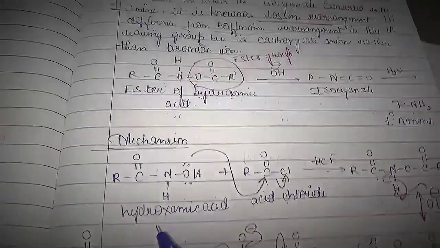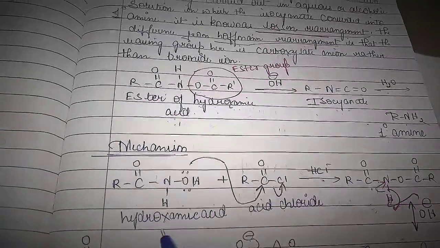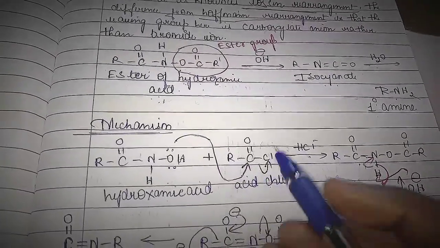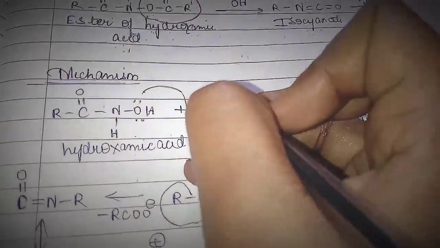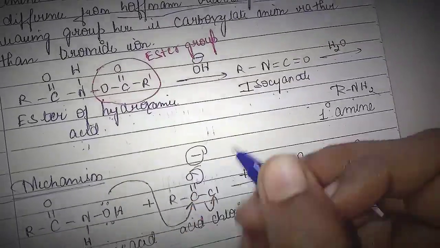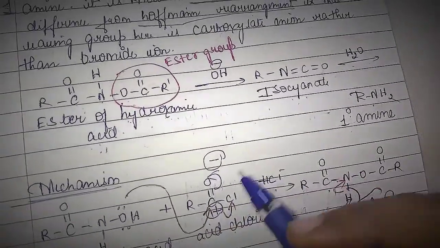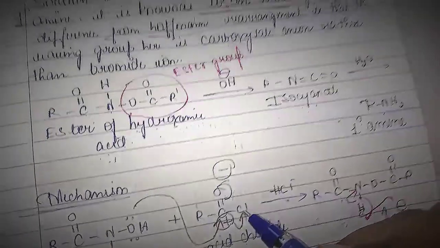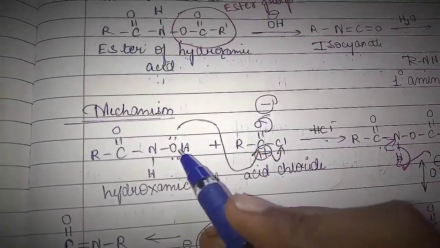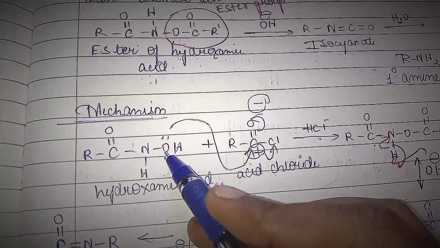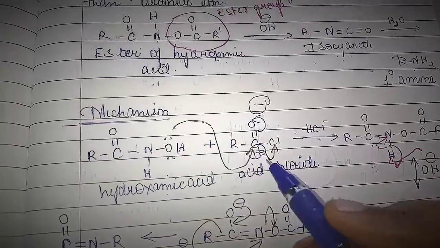First, let us take the reagent. First, we are treating hydroxamic acid with the acid chloride, where this becomes minus, this becomes plus, this Cl goes away, and the O with the electron pair attacks.